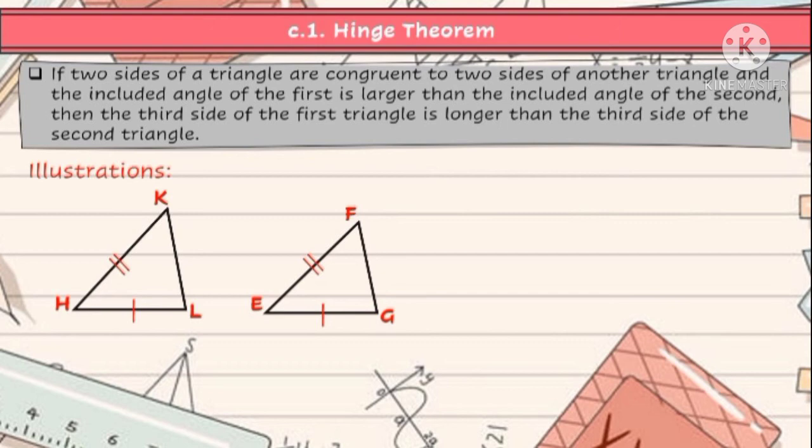The included angle of triangle HKL is angle H, and the included angle in the second triangle is angle E. If the included angle, angle H, is larger than angle E, then the third side of the first triangle, KL, is longer than the third side of the second triangle, FG.